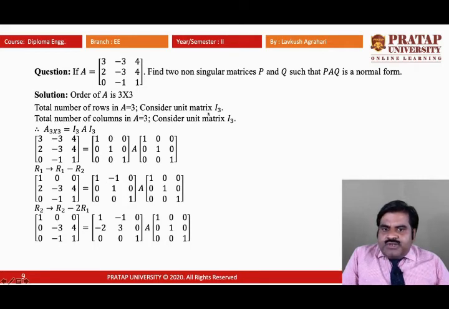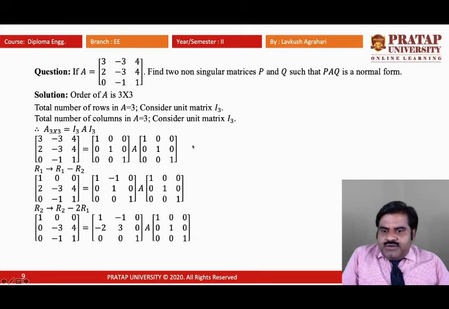Hence in this method we have to consider the unit matrix I3 because the number of rows in matrix A is 3, and we have to consider another matrix I3 because the number of columns is also 3. If the total number of columns were 4, then we would consider the unit matrix I4. So we can write A equals I3 A I3.